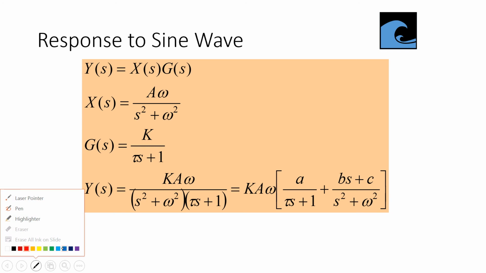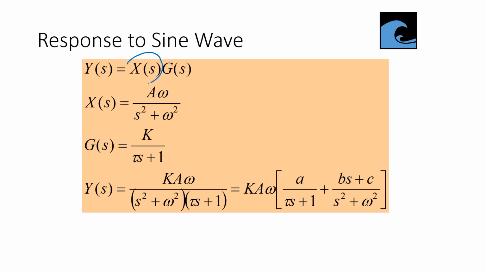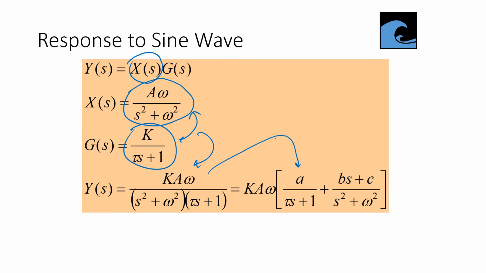So let me go ahead and just write on this. We have, again, our input is going to be x, and there is that in the Laplace domain. We're going to multiply this and the transfer function together to come up with this, and then we'll have to separate those with partial fractions.